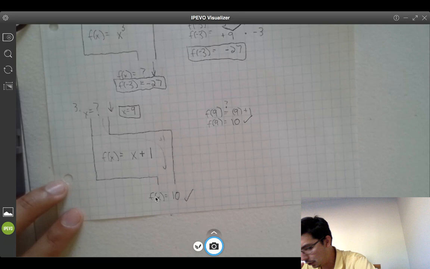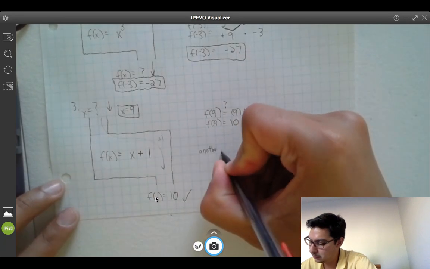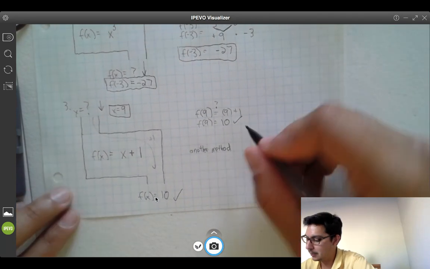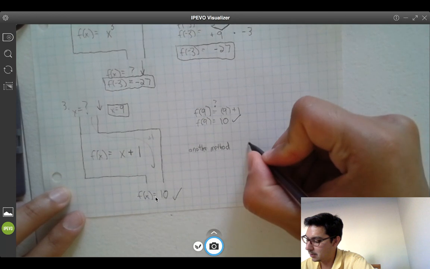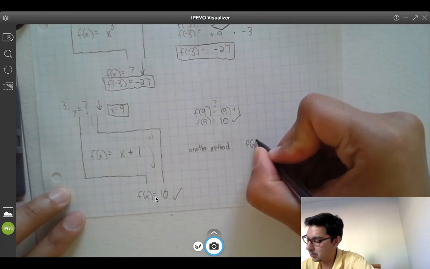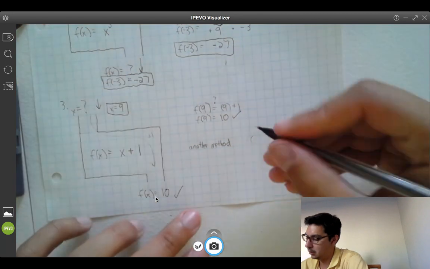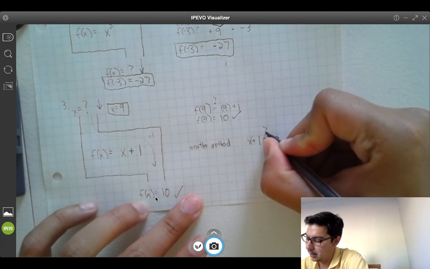Good. And there's another method, a little bit more complex, but maybe your brain thinks this way. Say you didn't know it was 9 or it was a harder problem. What you're really asking yourself is, what input x gets me 10?